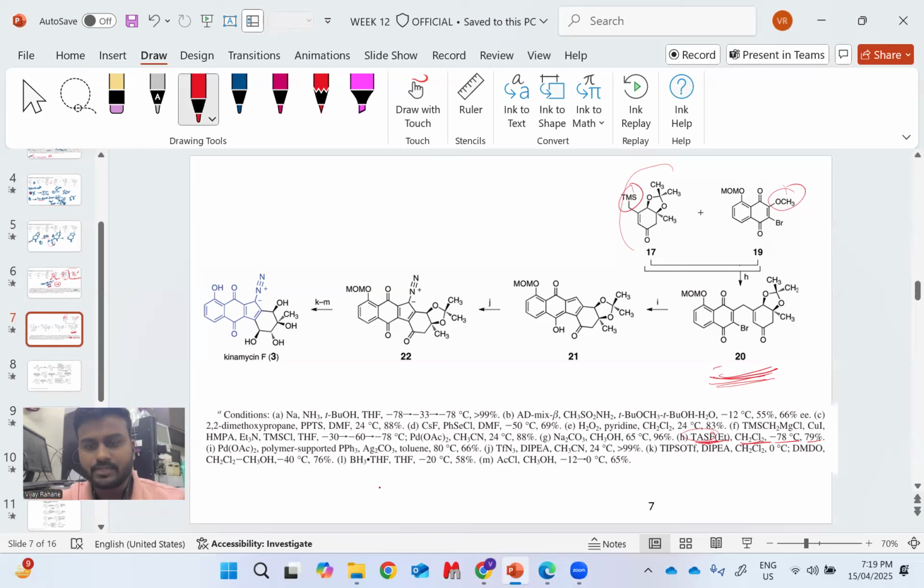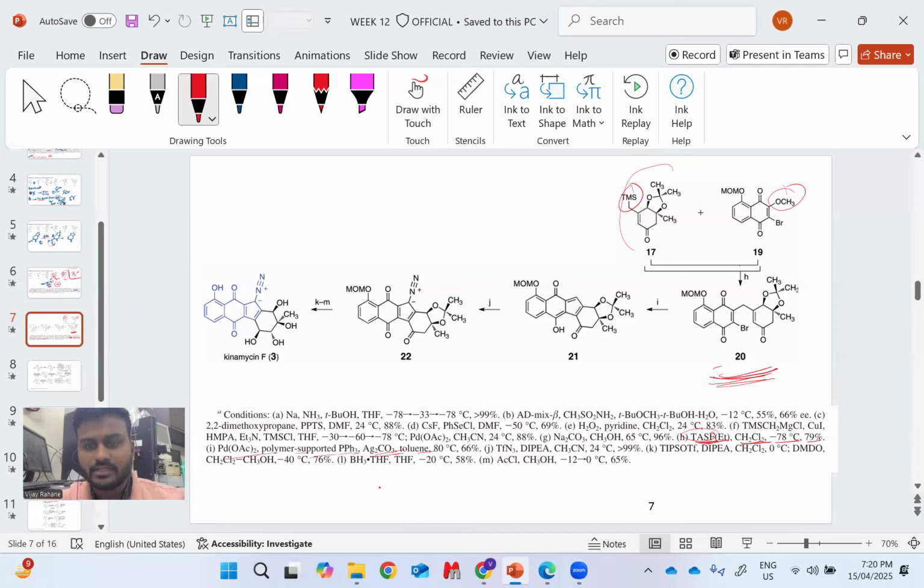And in the next step, they did the cyclization of this one. How did they do the cyclization? To perform the cyclization, they added palladium acetate, polymer-supported PPh3 and Ag2CO3 in toluene. It gives a 66% yield of this cyclized product.